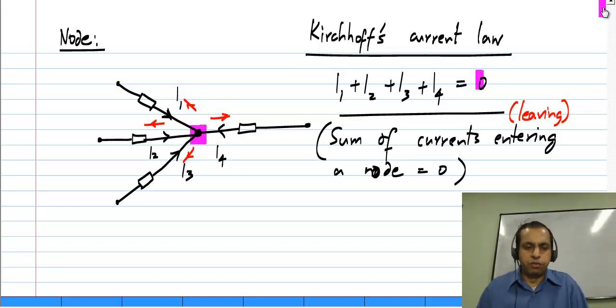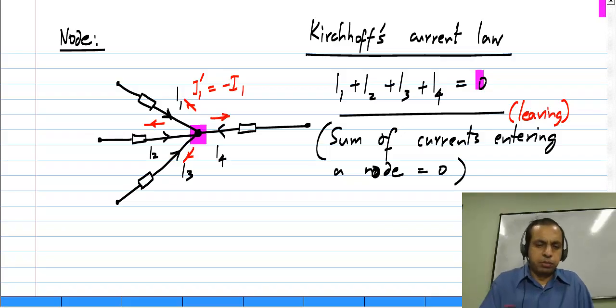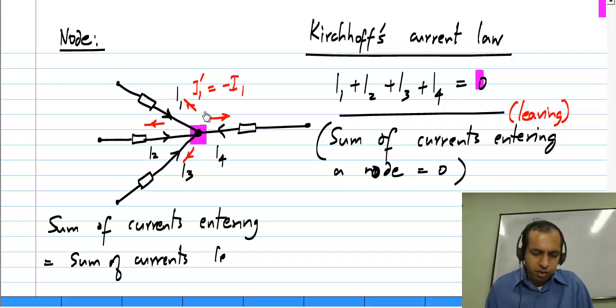Now if you call this current I1 dash, it is simply equal to minus I1, because I told you earlier that a plus 1 ampere going from A to B is the same as minus 1 ampere going from B to A. So this is simple, and sometimes it's also stated as sum of currents entering equals sum of currents leaving.